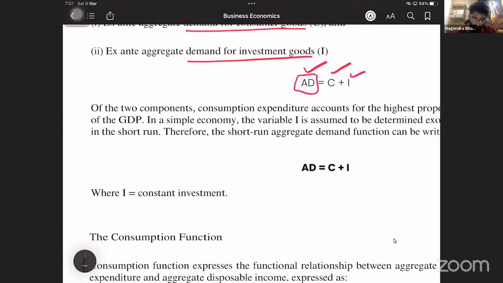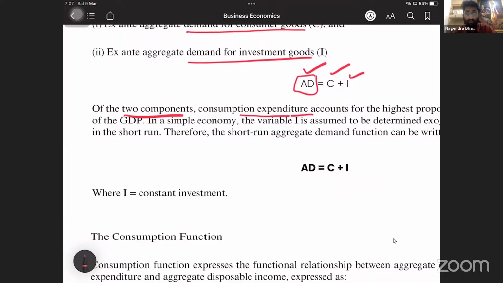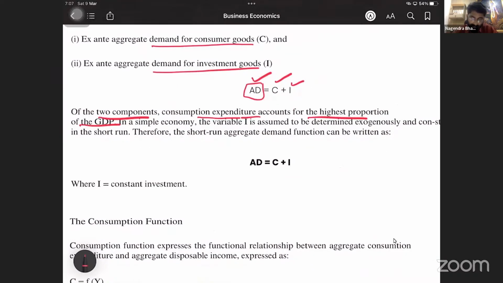Of the two components, remember, consumption expenditure accounts for the highest proportion of the GDP. Consumption is highest, investment is very little. Every day I do consume, but every day I will not invest. So which is highest here? C. Consumption is highest.